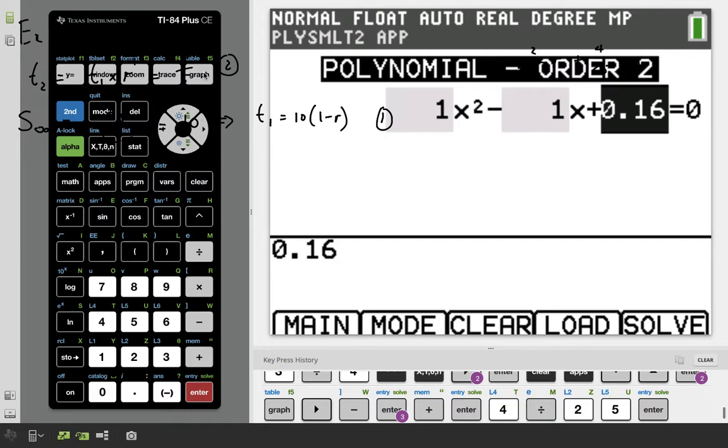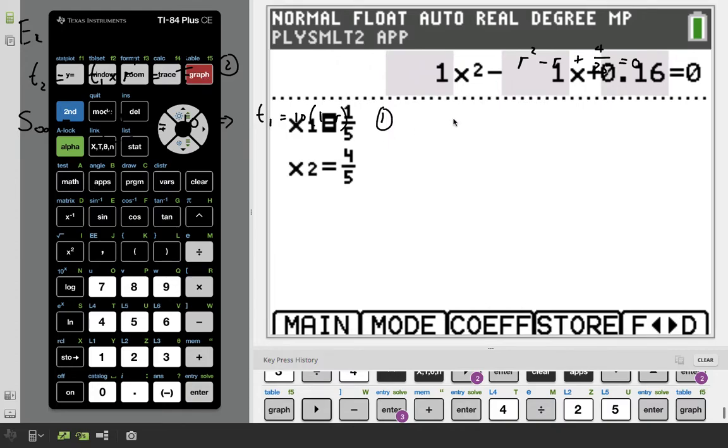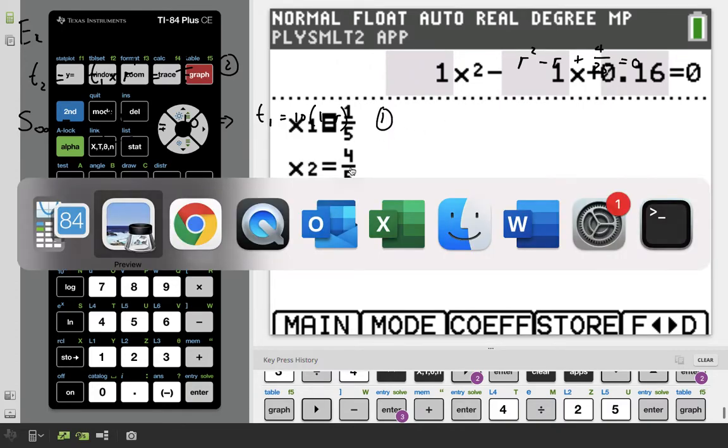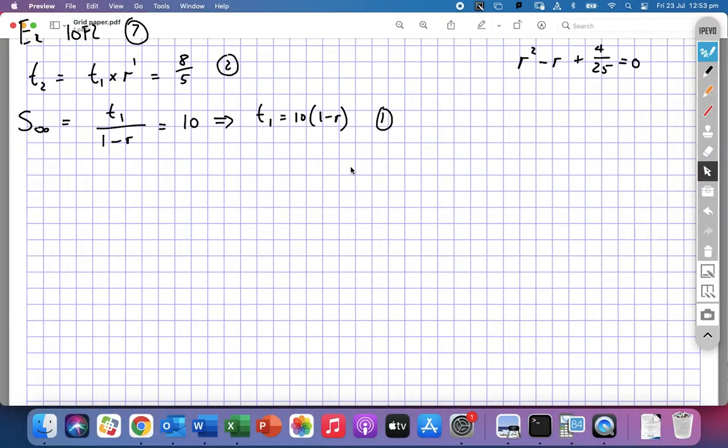Then you could solve, and we should be getting 1/5 and 4/5. Yep, there we go. So that would be a perfectly acceptable way to find those solutions for R.